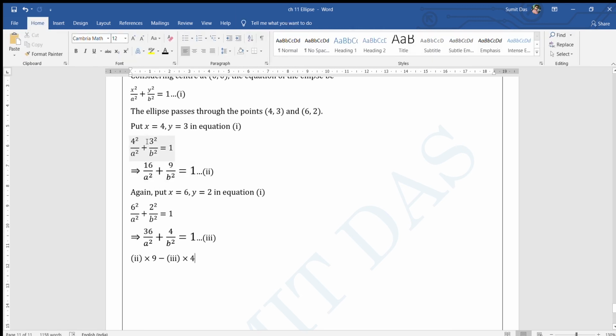Understood how difficult the question is? So with number 2 I'm multiplying 9. If you multiply 9 with 16 you will get 144. You will multiply 9 with 9, it will be 81, and here it will be 9. Put inside the bracket.